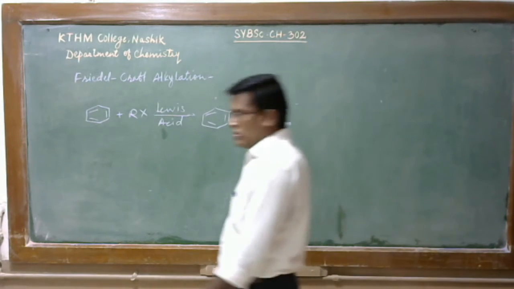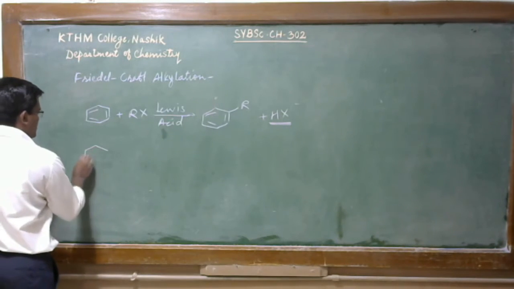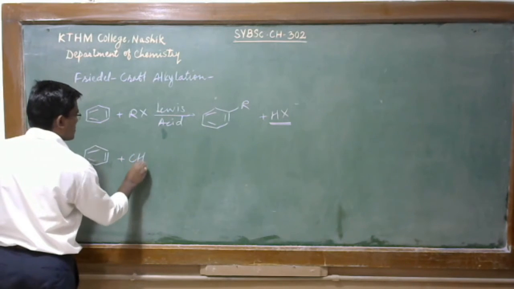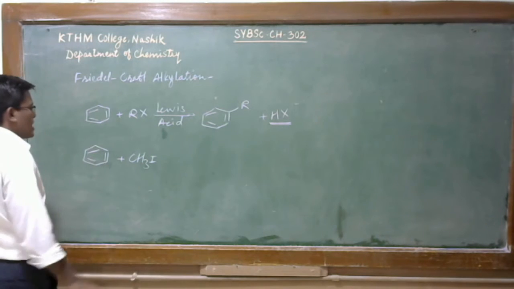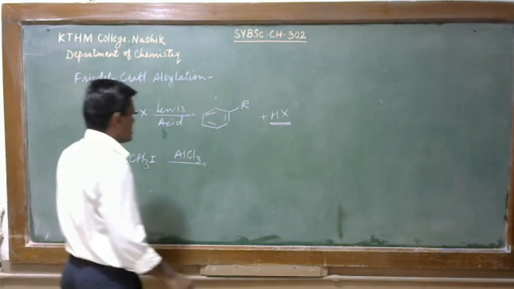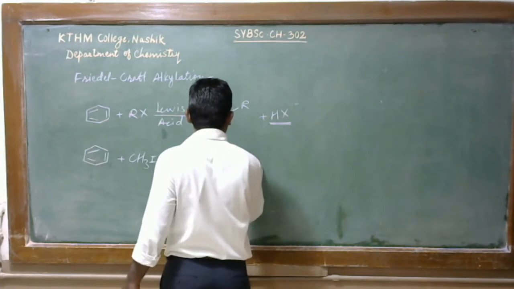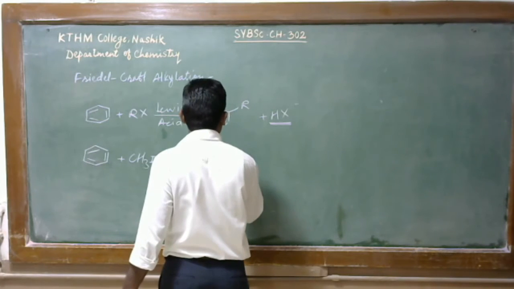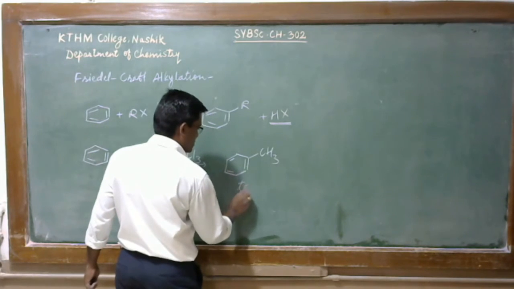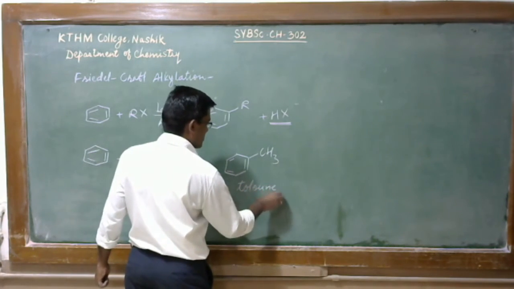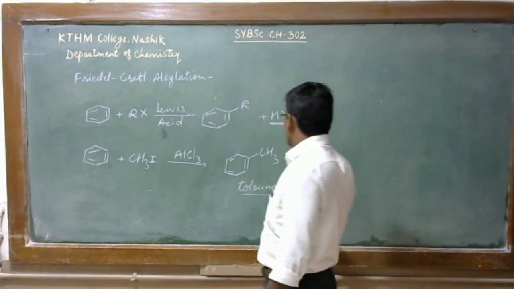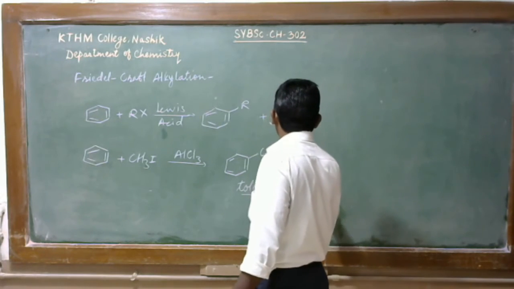Okay, so when benzene reacts with methyl iodide in the presence of AlCl3 as a Lewis acid, it gives rise to methyl benzene. This is toluene, plus HI.